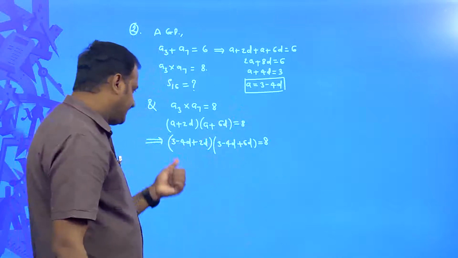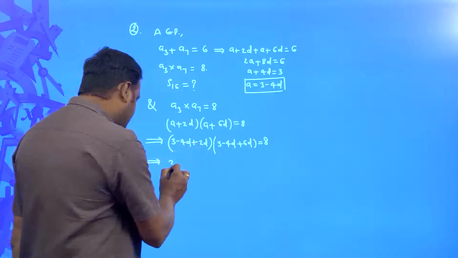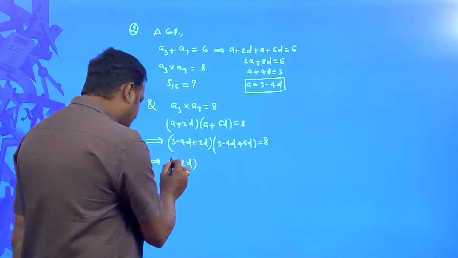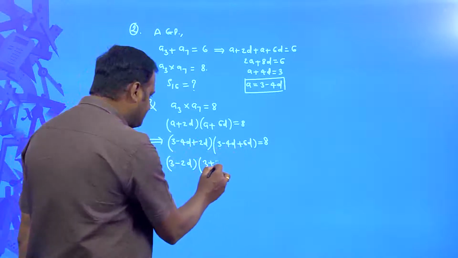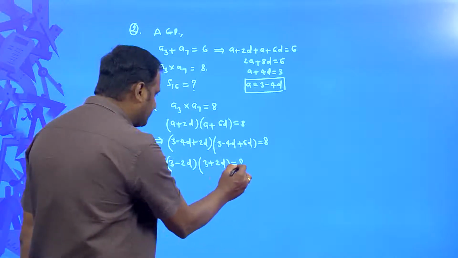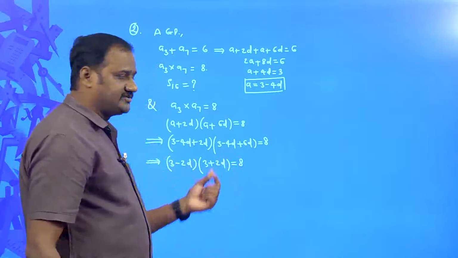When you simplify, 3 minus 4d plus 2d is going to be 3 minus 2d, multiplied by 3 minus 4d plus 6d, which is 3 plus 2d, equal to 8. Once you see here, this is in the form of (a minus b) into (a plus b).